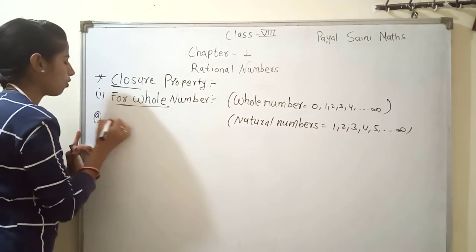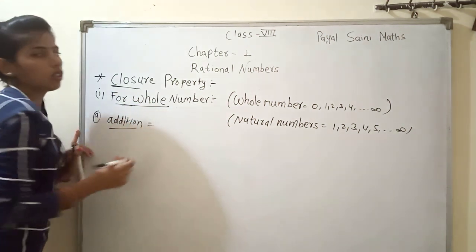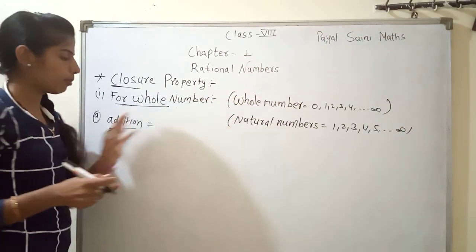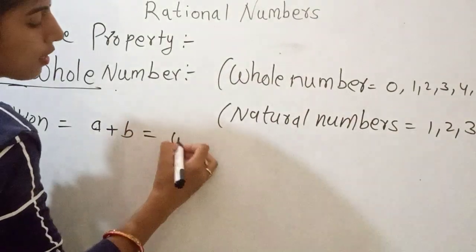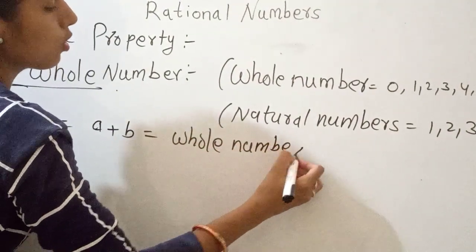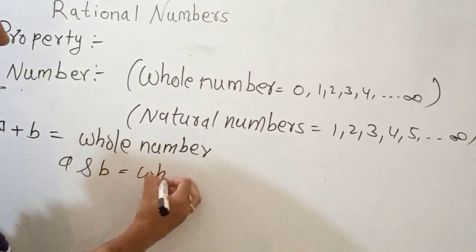Now we start closure property, first for addition. If two whole numbers are added, then your answer should be a whole number. I write here a plus b equals a whole number, where a and b are whole numbers.